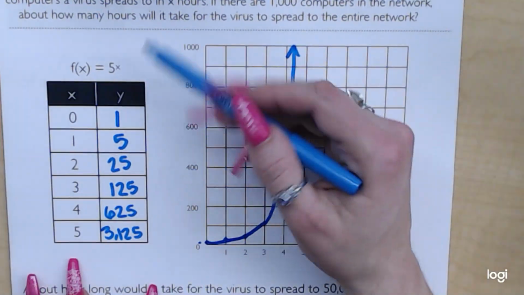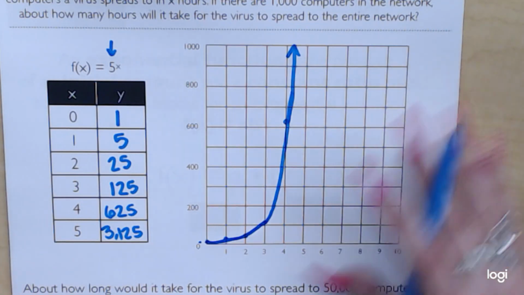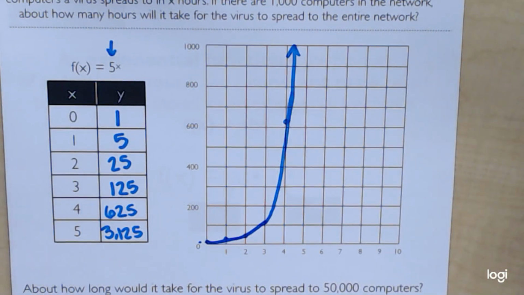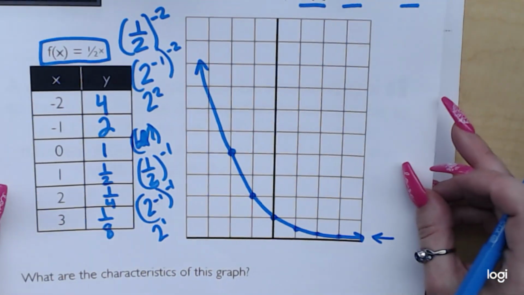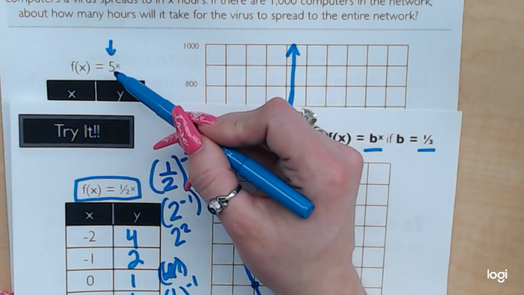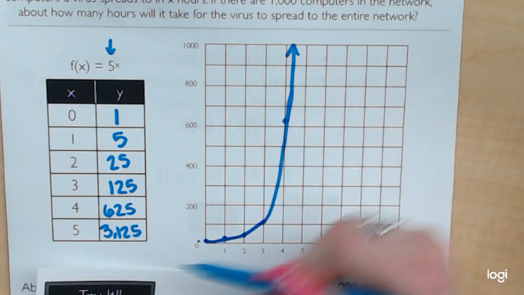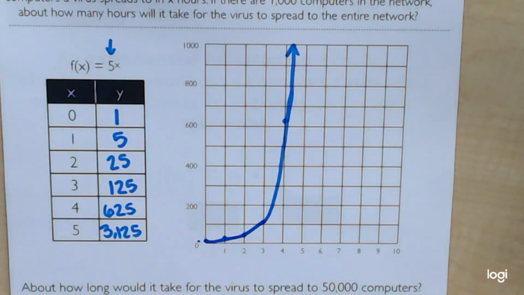Noticing that it probably has to do with this base of 5, right? The lower the base, the wider the slope, I guess you could call it, but the larger the base number, the steeper this exponential function is going to grow and shoot up, okay?